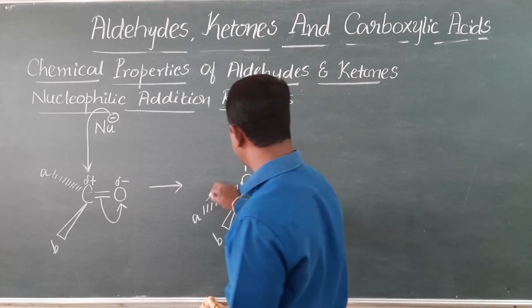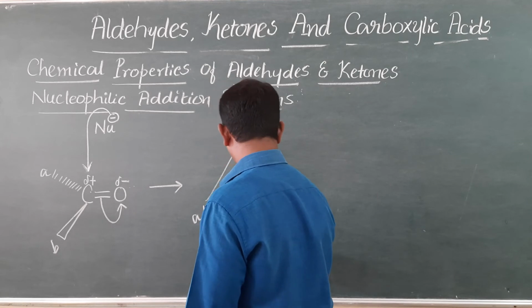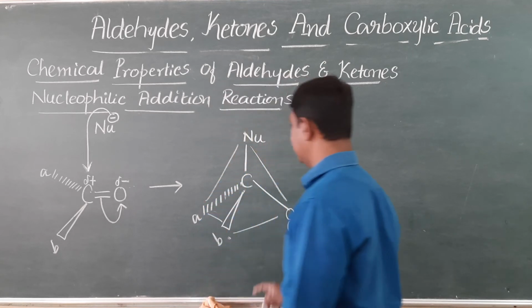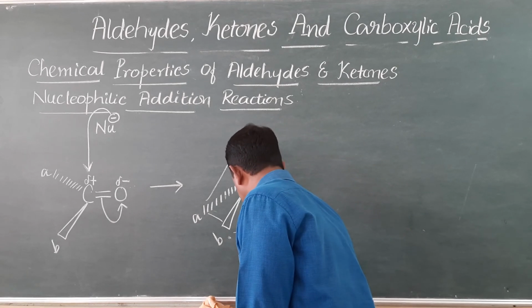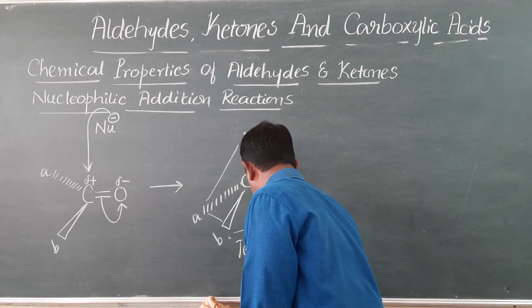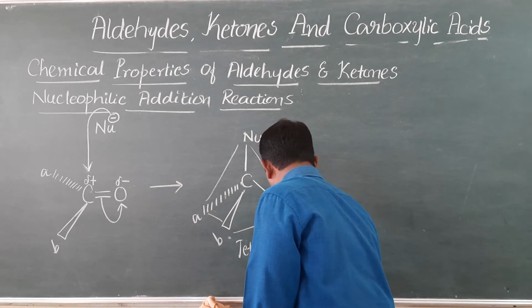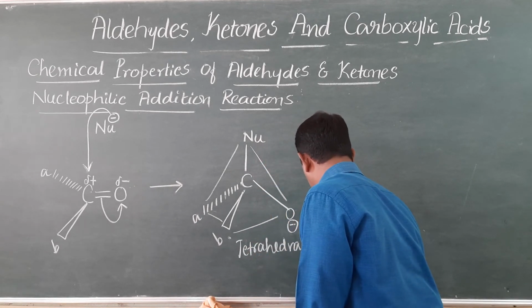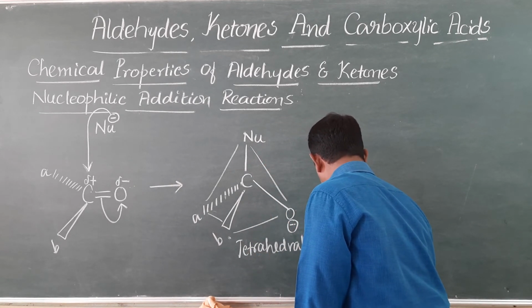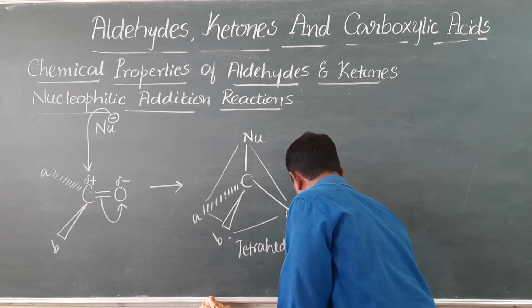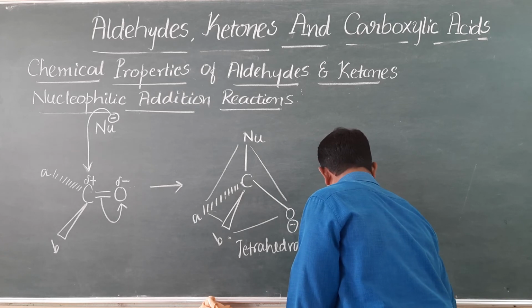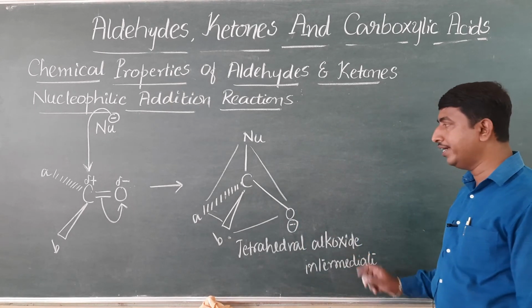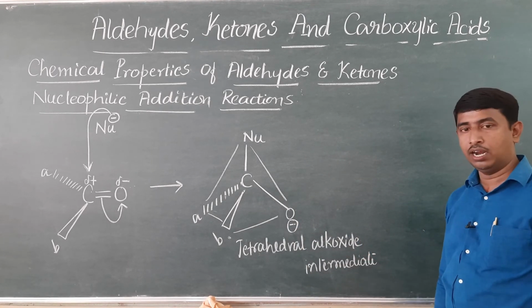The geometry of this intermediate is tetrahedral, so this compound is called the tetrahedral alkoxide intermediate.